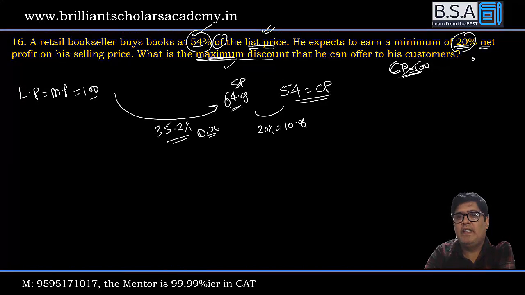No, we need 20% profit. 20% will be 6 by 5. 6 by 5 into 54. 20% is 6 by 5.